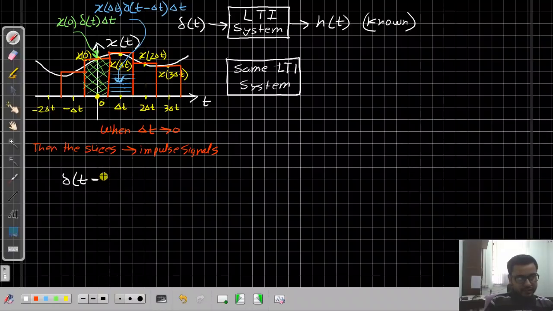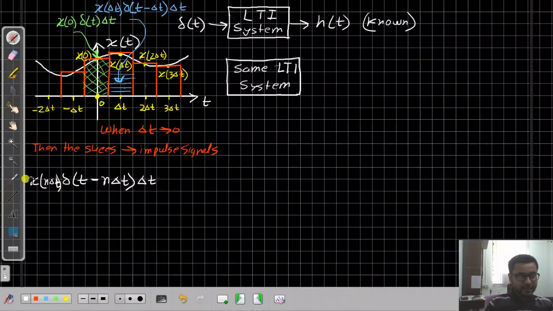In general, I can write that as n delta t. Like for this, n will be 3, and then I have to multiply this with the width and the height. Height is the same as x of n delta t.